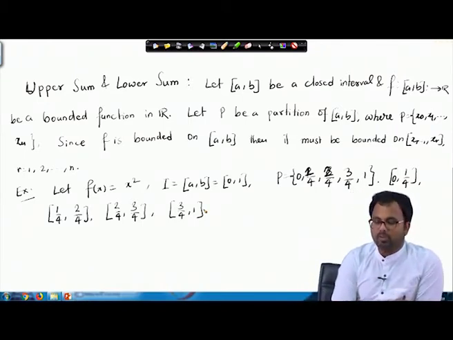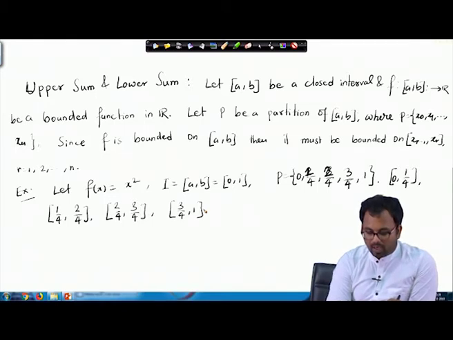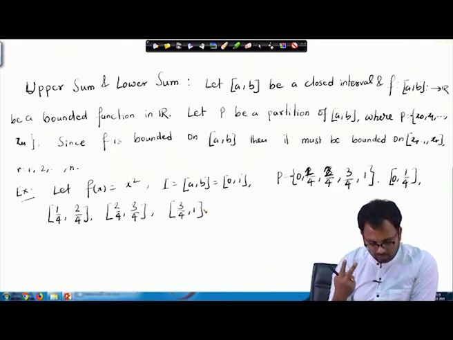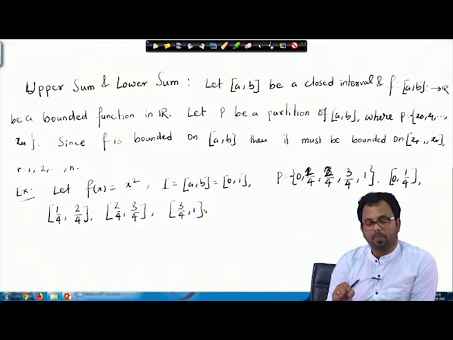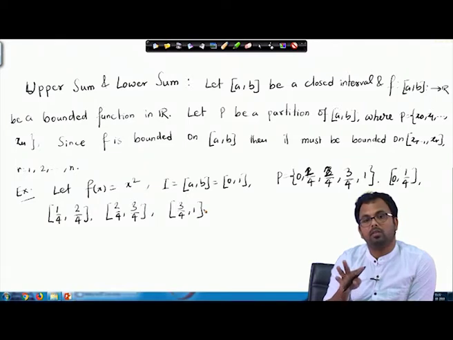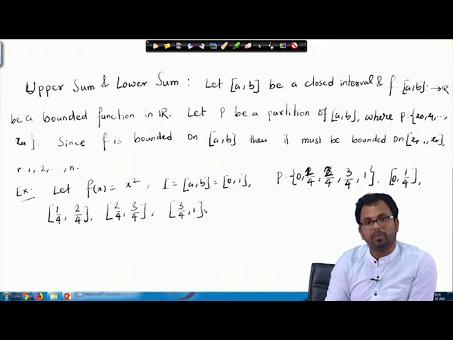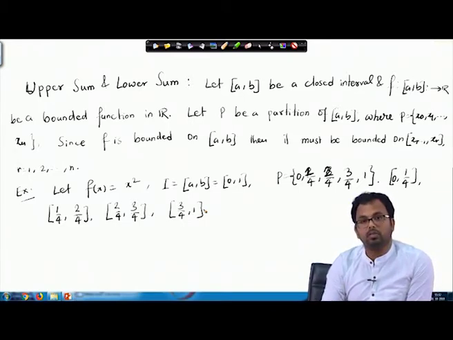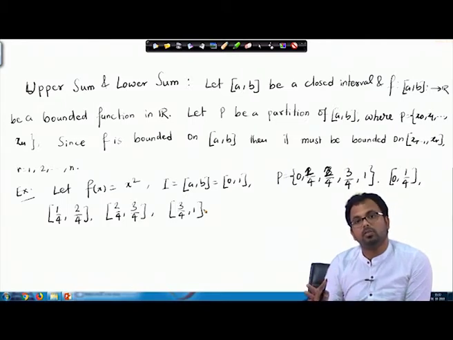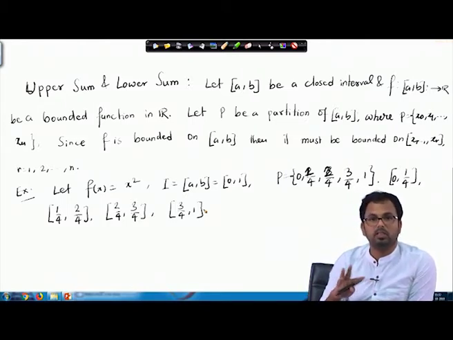If f is bounded on the entire interval, you have an upper bound and a lower bound for it. However, on each of these subintervals you also have an upper bound and a lower bound.